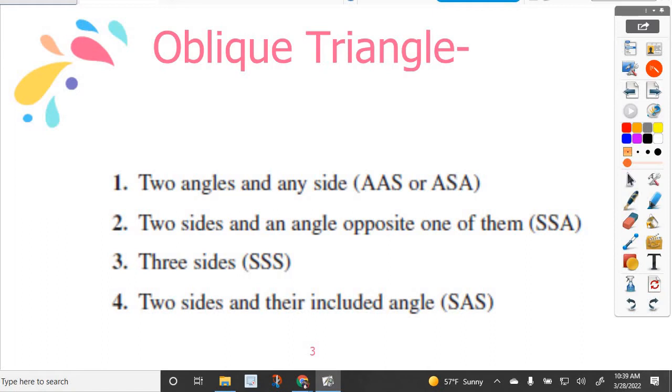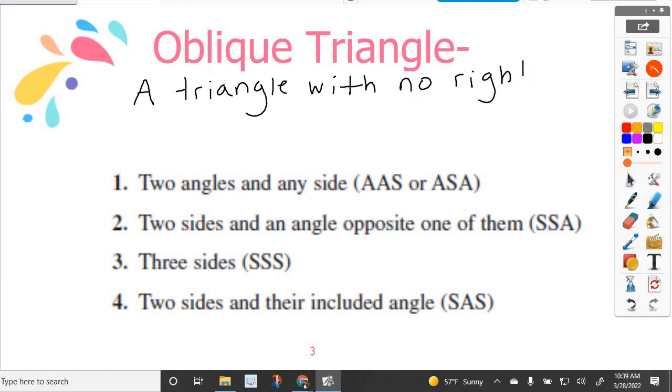So it is a triangle with no right angles. Which is why we can't use our previous step, okay?